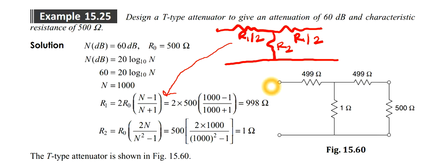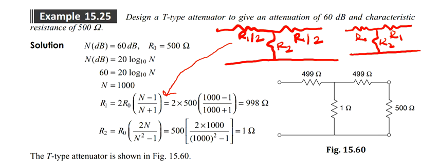Why am I saying this? Suppose in some textbooks you might be given this kind of attenuator circuit where this is considered as R1 and this is also considered as R1 and this is R2.